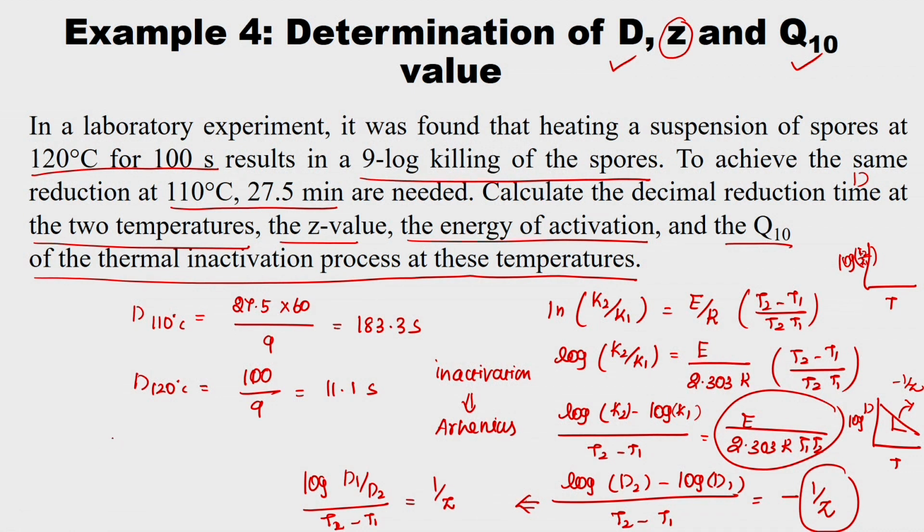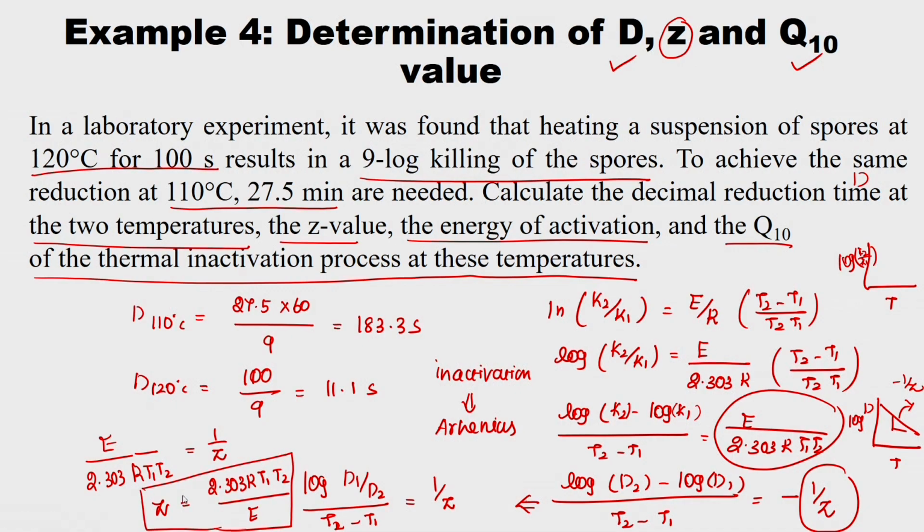So if you compare these two, you can also say my E upon 2.303 R T1 T2 is equivalent to 1 upon Z, or I can say my Z is nothing but 2.303 R T1 T2 upon E. So this is another relation by which I can find out Z from the activation energy.